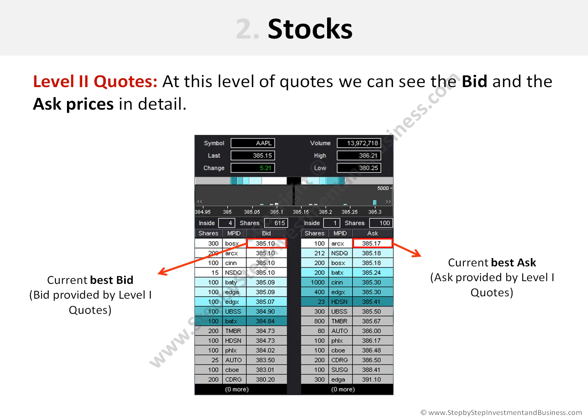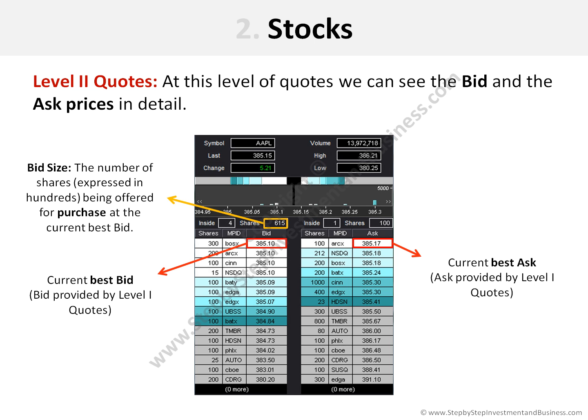That is, sellers demand more money to sell a share of the stock. The sellers who demand the lowest price to sell a share of the stock are those asking 385.17. This value is the current best ask, and it is the one shown on the watch list.